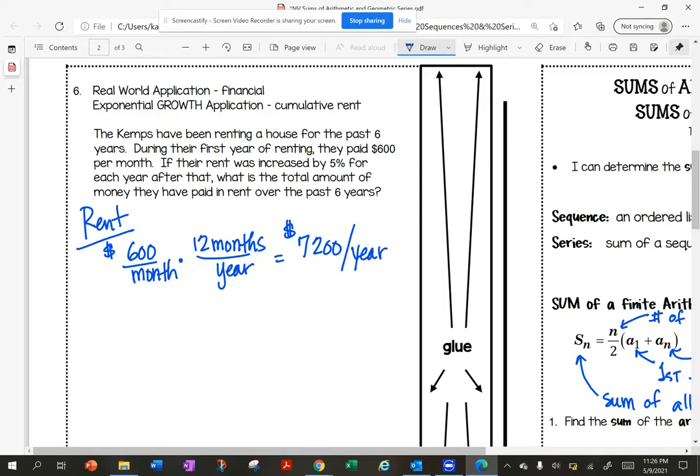Okay, so my ratio, it says there's a 5% increase per year. So my ratio is 100% plus 5%. So as a decimal, that is 1.05. So we talk in percents, but we work as decimals in the equations.